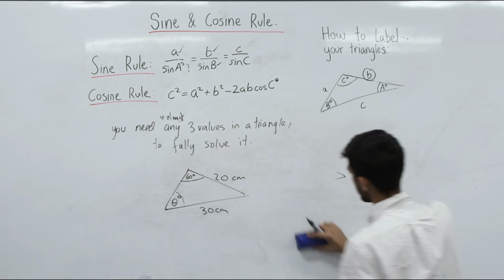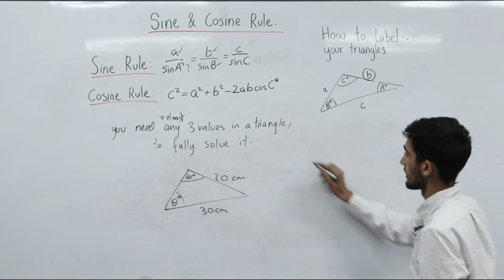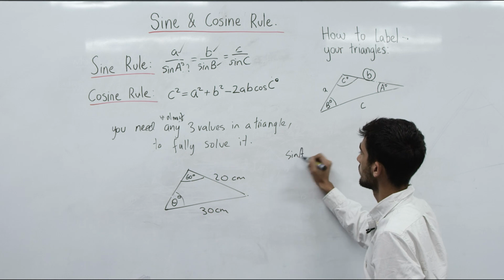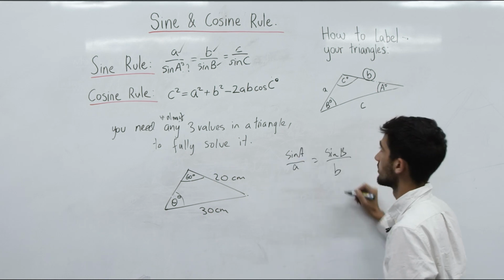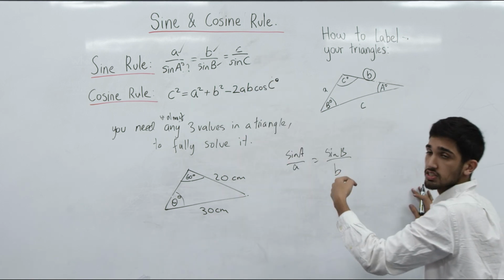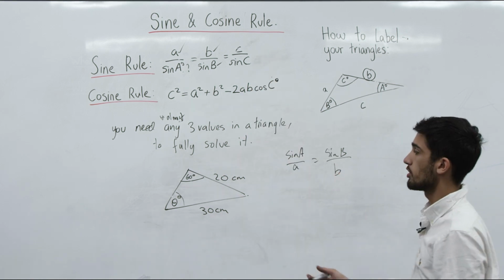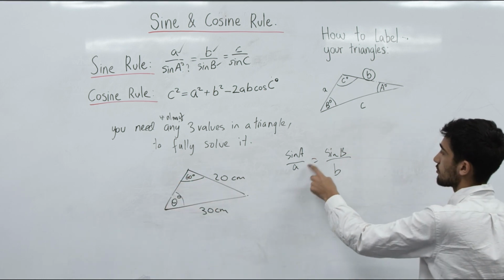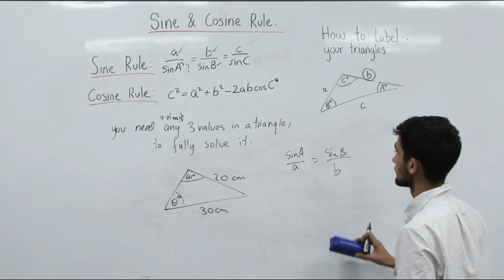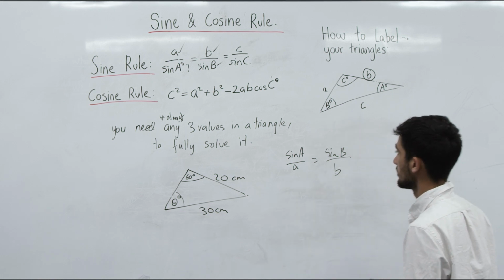So we'll get sine of A over A equals sine of B over B. Do I write sine of C over C? I could, but there's no point because we don't know C or the side C. Okay? So sine A over A equals sine B over B.